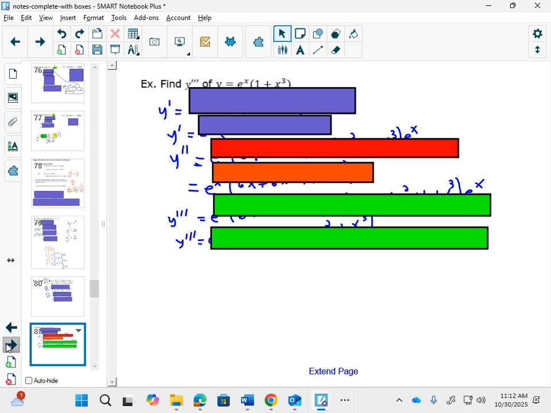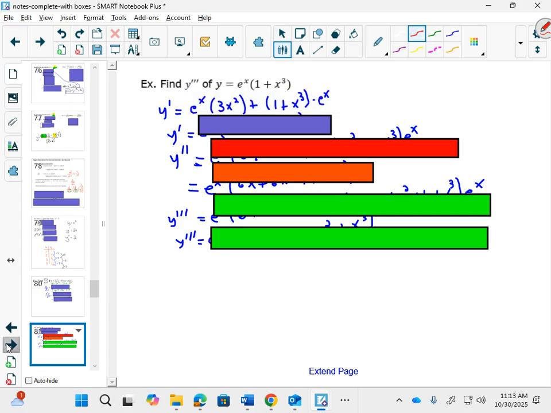Do you see you have a product rule? Even if you would distribute the e to the x, you would have a product rule. So how do we do our product rule? If I take out my highlighter, just to help us visualize it, we have our first function, we have our second function, and we're multiplying them.